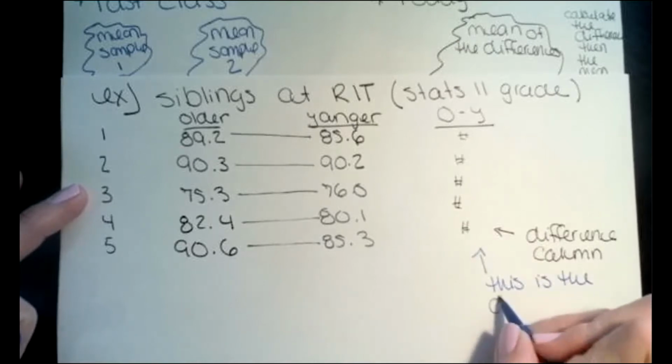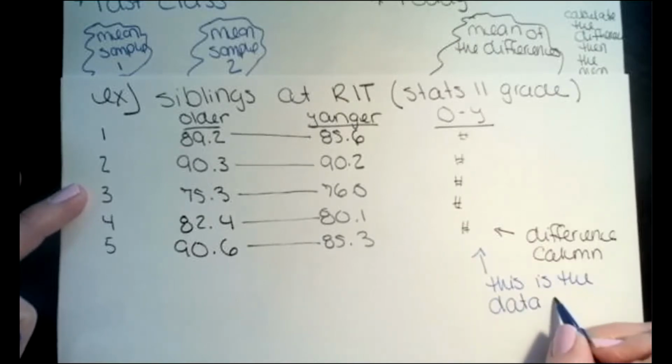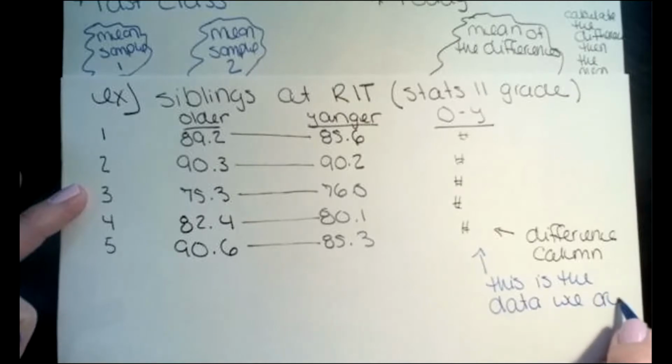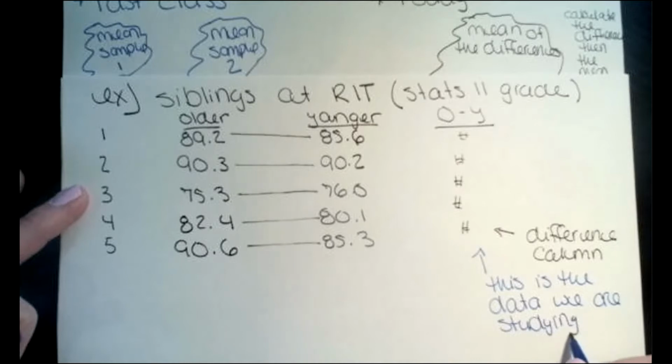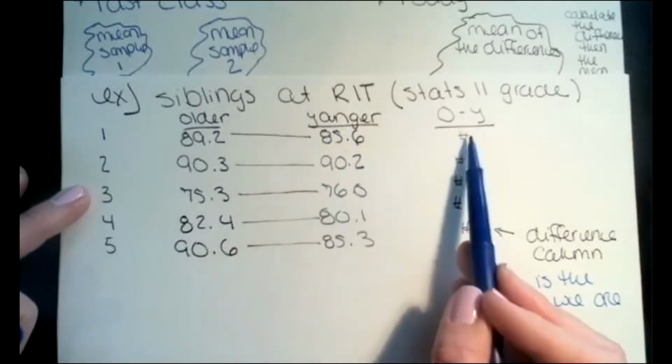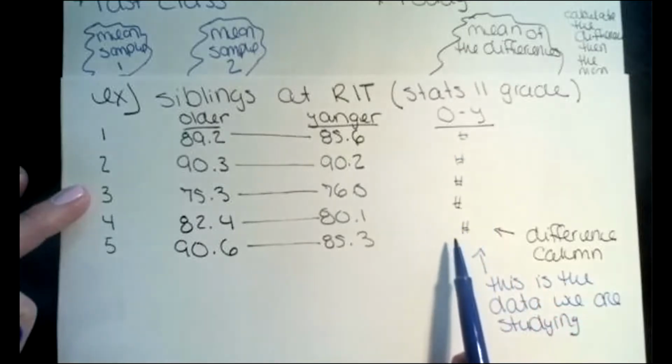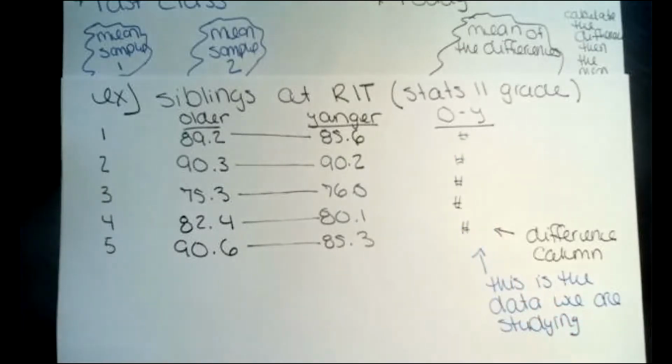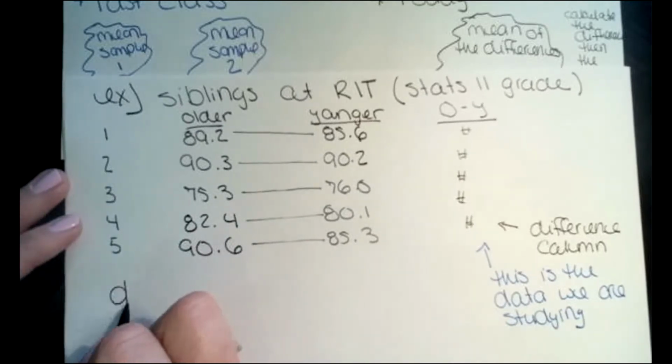Let me just write that. So now we're not really looking at older and younger separately. Now we're looking at the differences. So that's the column we're going to be studying. And we're going to look at D bar.